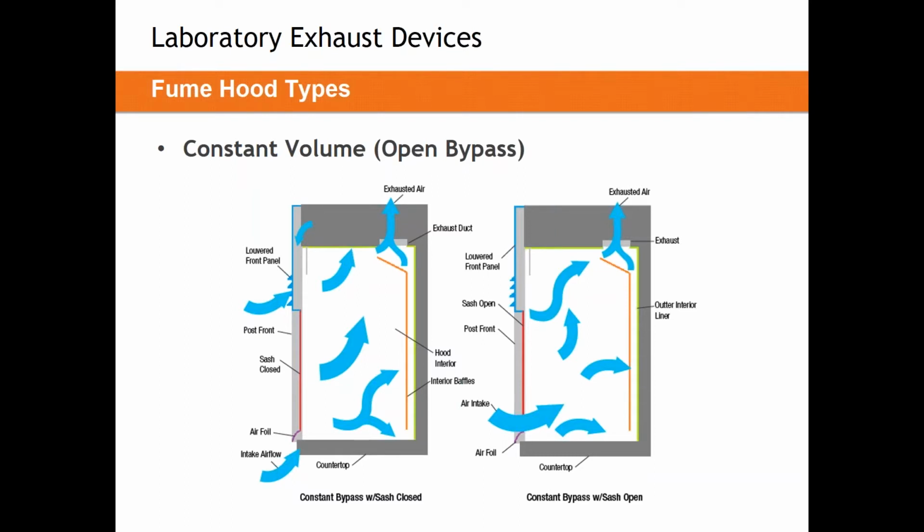That fume hood's about 4 feet wide. It opens to 12 or 18 inches, so it needs 500 or 600 CFM of exhaust air when the sash is open. Well, that 500 or 600 CFM is well below the 1,000 or 1,100 we need on exhaust. So whether it goes through the fume hood or a general exhaust type of valve, that air must be exhausted.